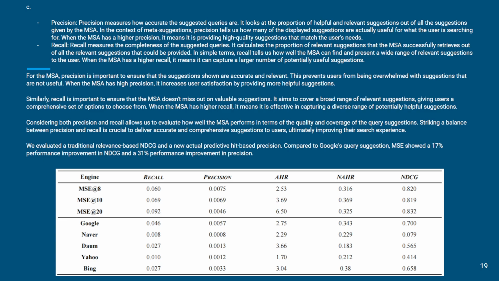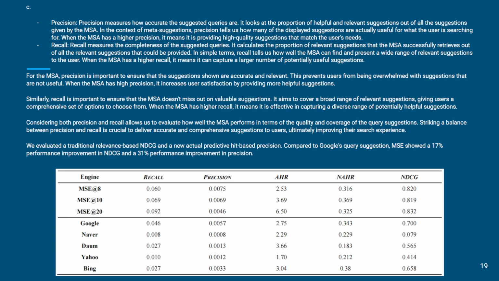So, in simple terms, recall tells how well the MSA can find and present a wide range of relevant suggestions to the user. For the MSA, precision is important to ensure that the suggestions shown are accurate and relevant. This prevents users from being overwhelmed with suggestions that are not useful. And when the MSA has high precision, it will increase user satisfaction by providing more helpful suggestions.